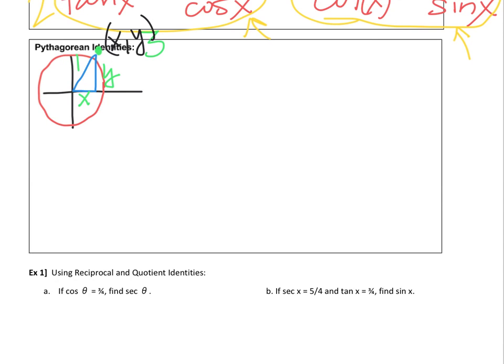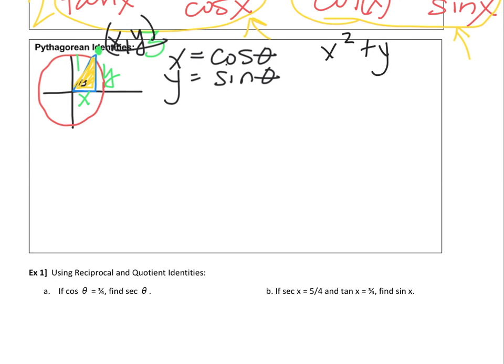So what we know from our trig is that x is equal to cosine of theta. So there's theta right there. And y is equal to sine of theta. And so that's what we use to get coordinates on the unit circle. So because our shape is a right triangle, we know that x squared plus y squared has to equal 1 squared.